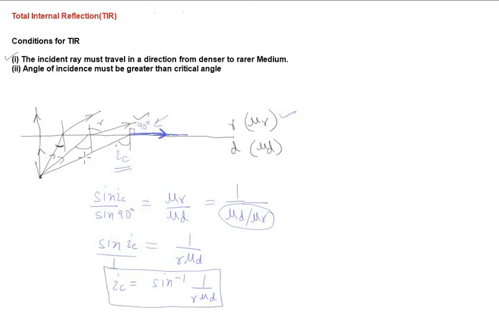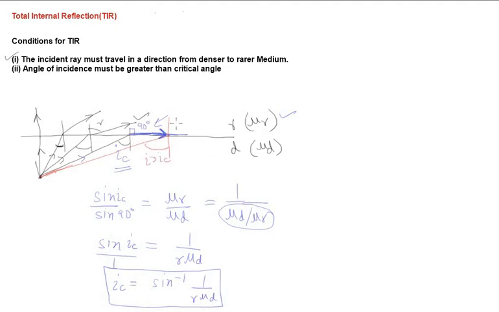Now the next question before us is: if the angle becomes even greater than the critical angle, then what is going to happen? Suppose this ray is going at a much larger angle, so it is striking the interface at an angle greater than the critical angle, i is greater than ic.